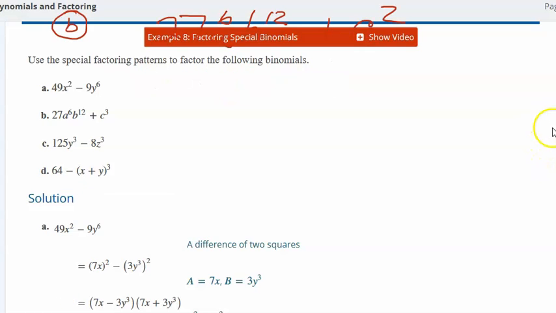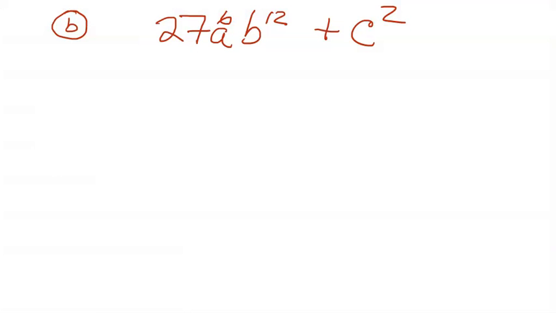Now, whether it's the sum of cubes or the difference of cubes, it works the same way. And I'll take time to do this with you. So for instance, this is a cube, this is a cube, this is a cube, and this is a cube here.